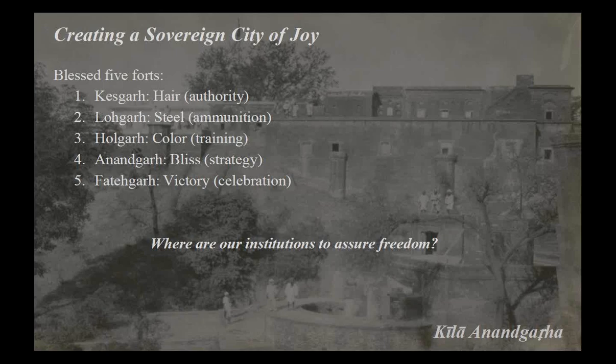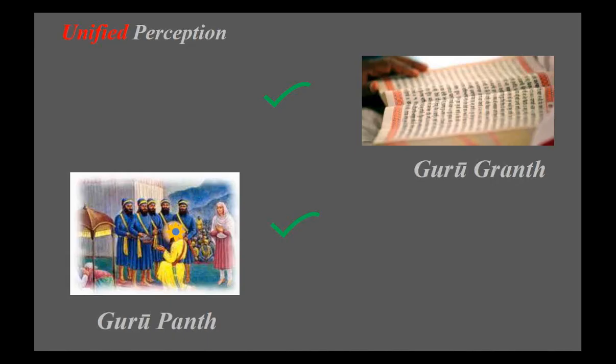Anandgarh, city of bliss and strategy of how to move the community forward, and ultimately the Fatehgarh, where victory and celebration takes place. So the question should be, are we sustaining our 5 blessed forts? Where are the institutions that assure that the freedoms that the Gurus bestowed on us continue to be given as well?